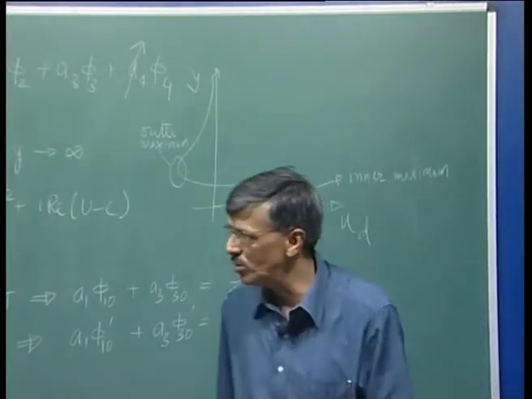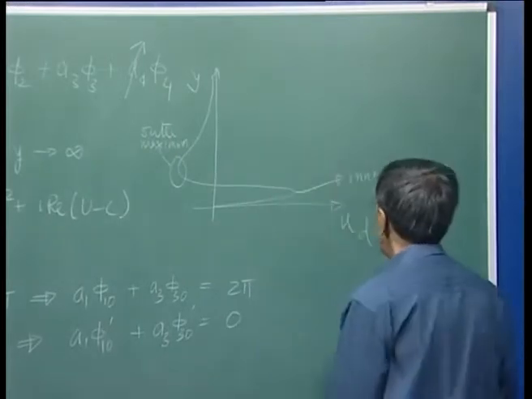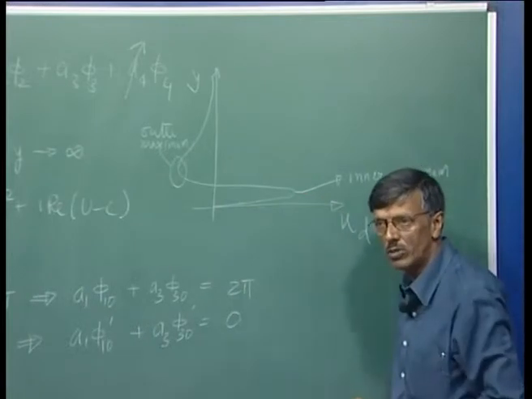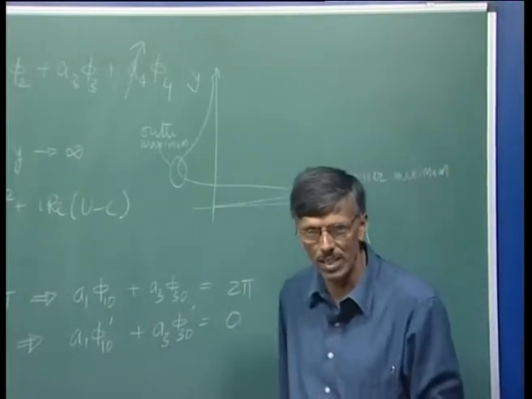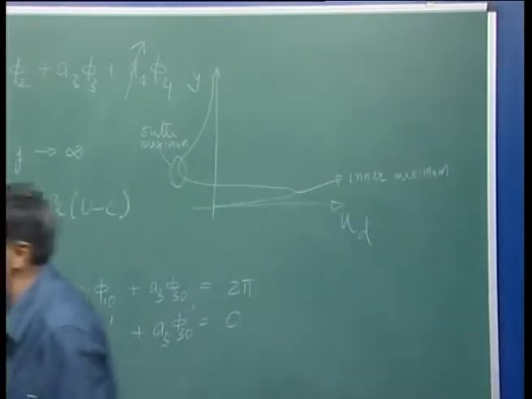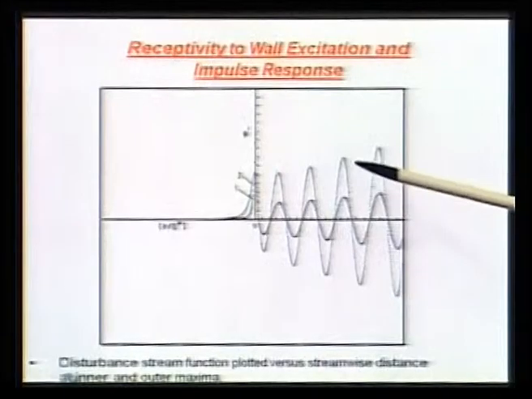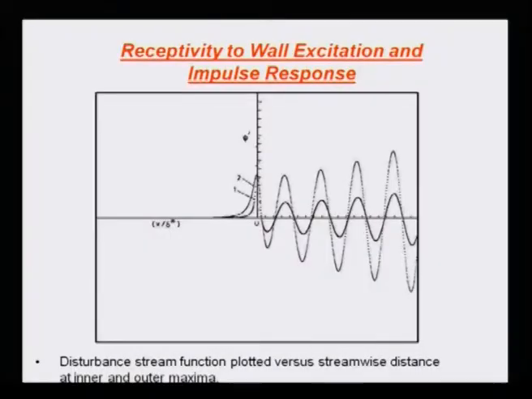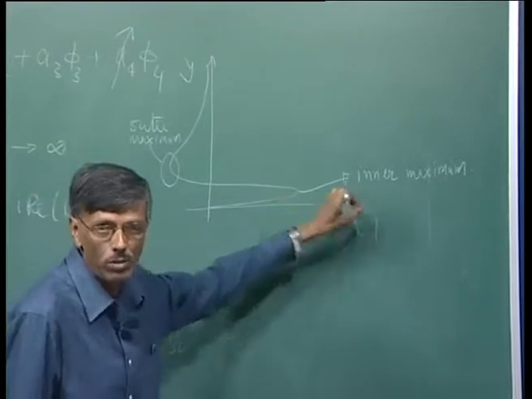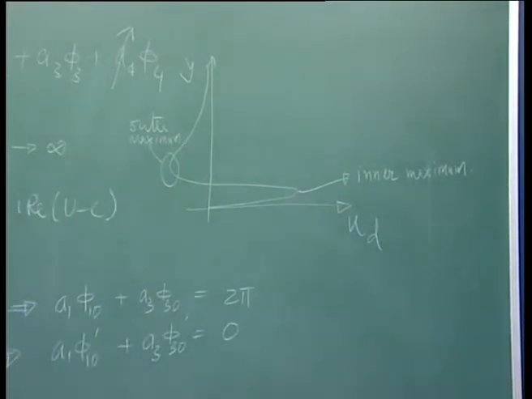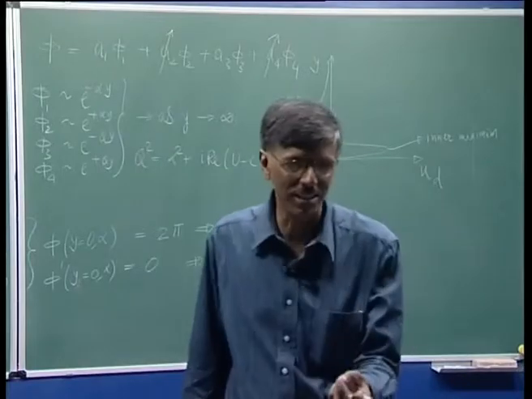If I were to ask you which one would you prefer, of course, you would point out this one, because it is a larger signal that you would get. This magnitude is much larger compared to this, and that is what you are seeing here. The inner maximum has a larger amplitude compared to the outer maximum. But what happens is, this is very narrow, and if you are trying to do a measurement, if you are an experimentalist, it's rather difficult.